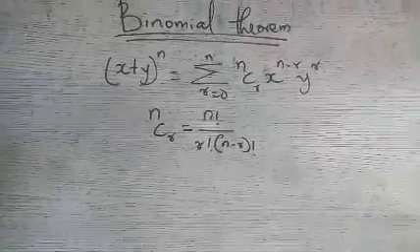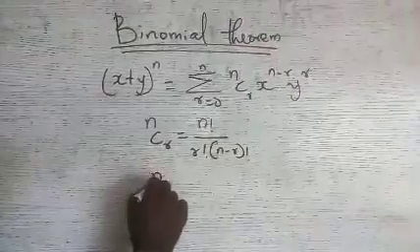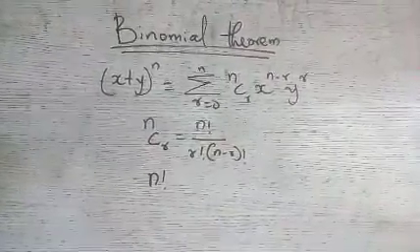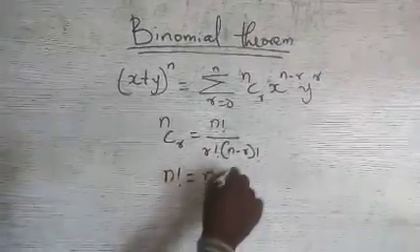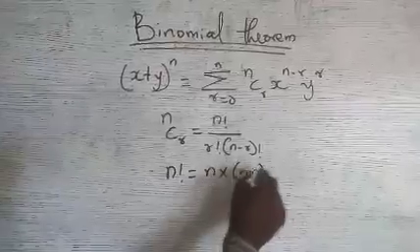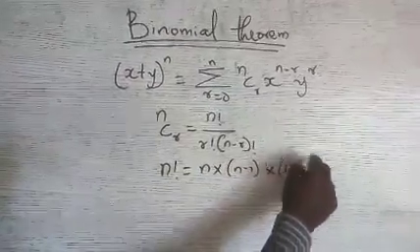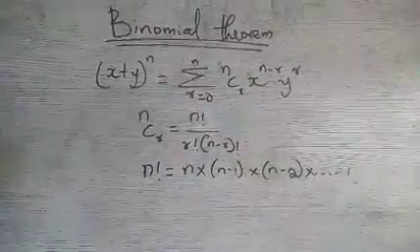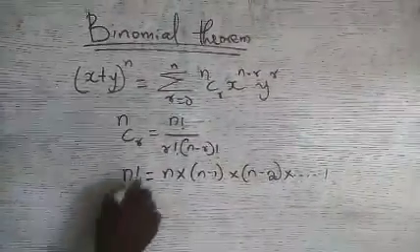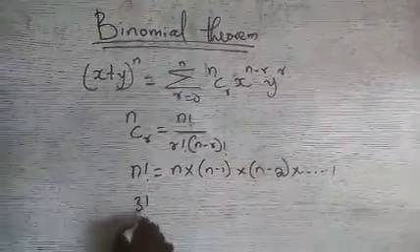Now, another new thing that we need to consider there is n factorial. When you are having n factorial, what does it mean? n factorial means n multiplied by (n minus 1) multiplied by (n minus 2), and so on down to 1. So in this case, take for example, you have 3 factorial.